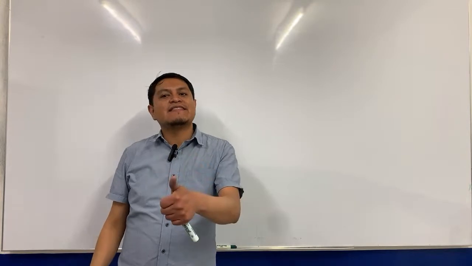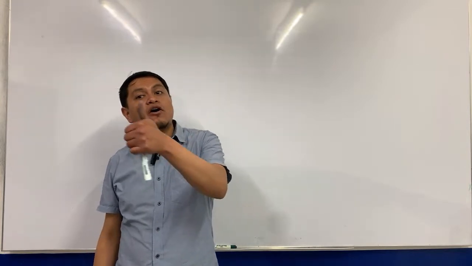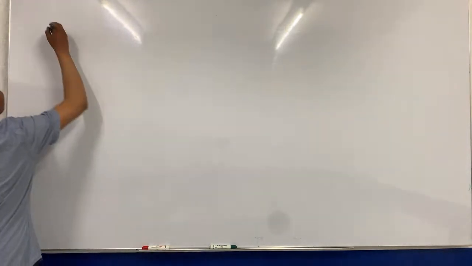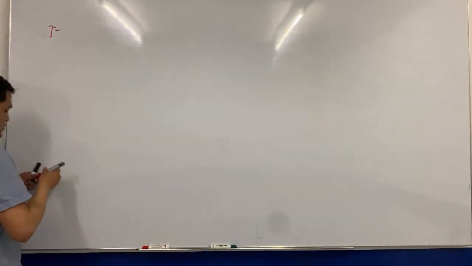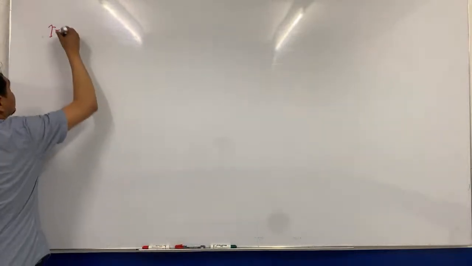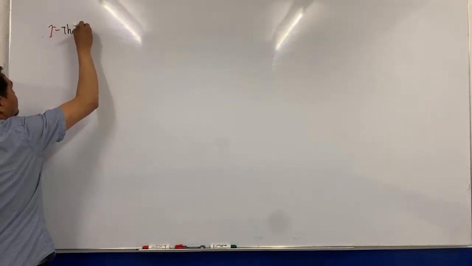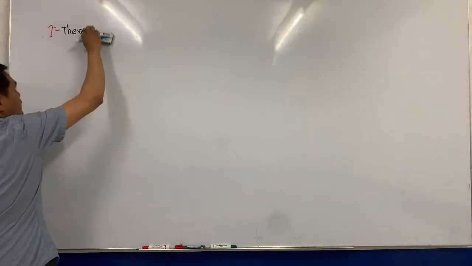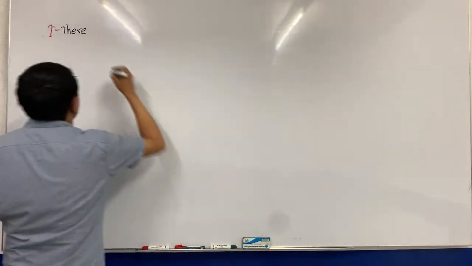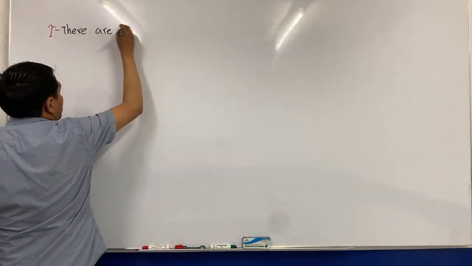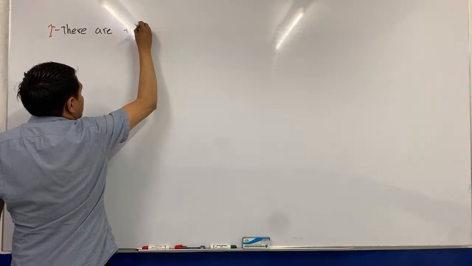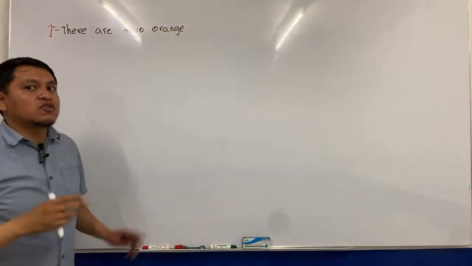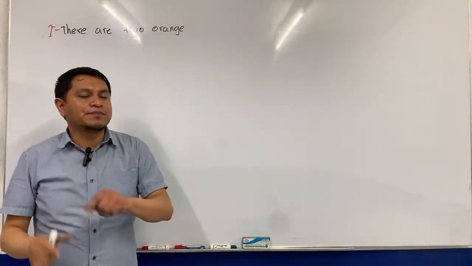The first sentence: there are two oranges. There are two orange. Correct or incorrect, right?